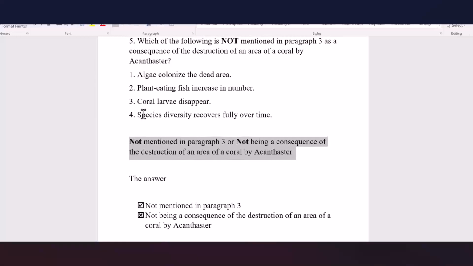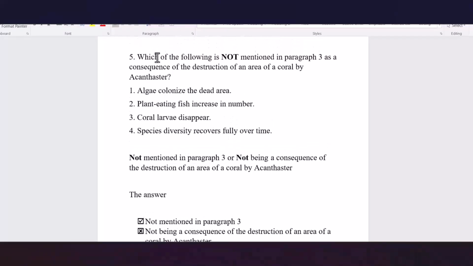And as a result, option 4, that is, species diversity recovers fully over time, can be another answer besides option 3 for question 5.